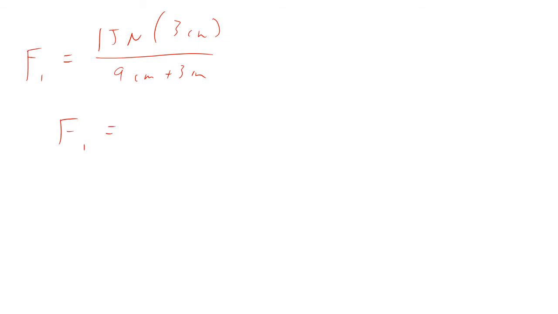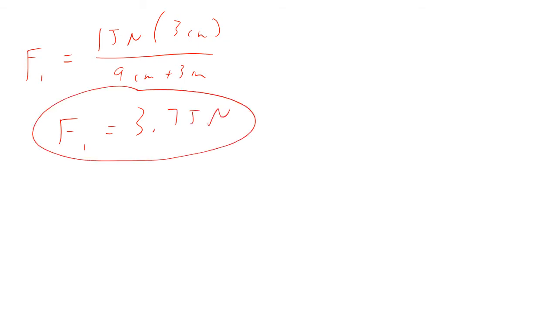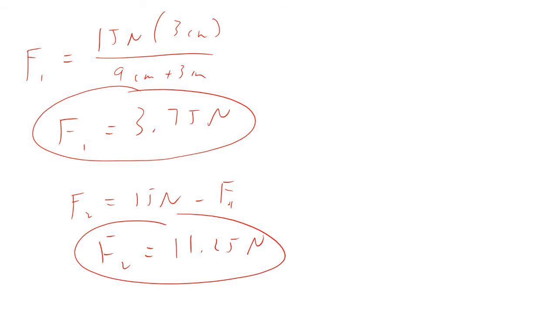So F1 comes out to be 3.75 newtons. You know that F2 equals 15 newtons minus F1, so F2 is going to be 11.25 newtons.